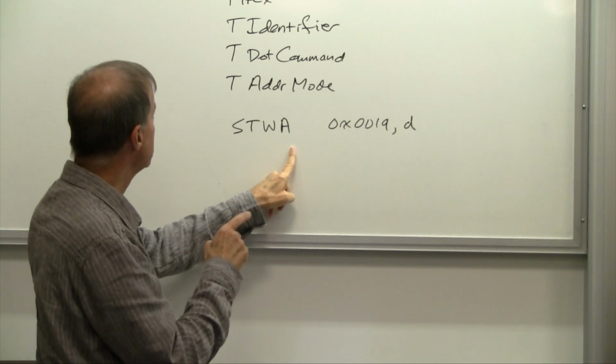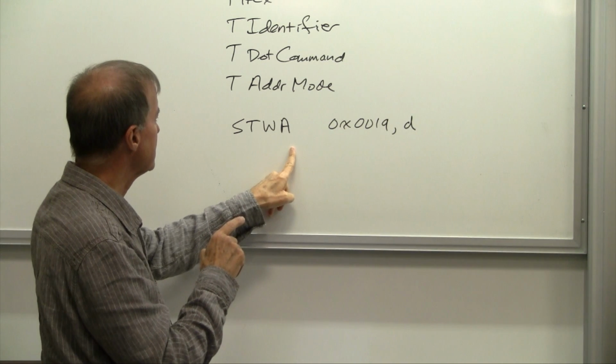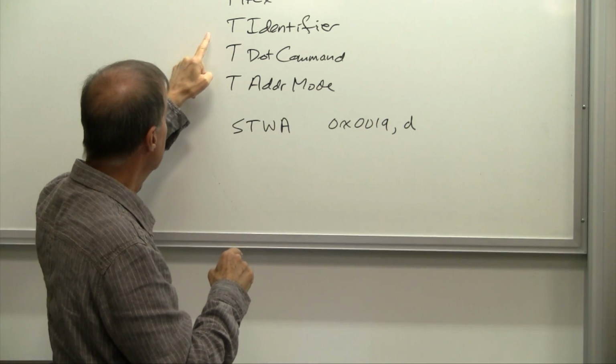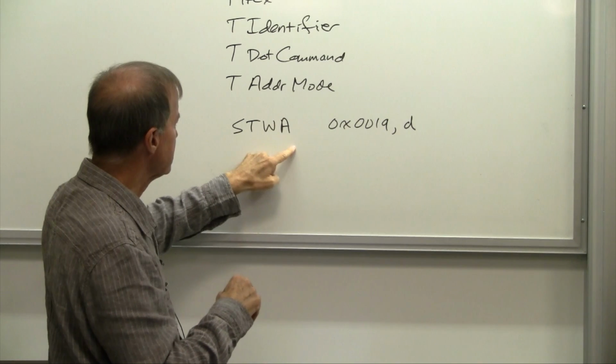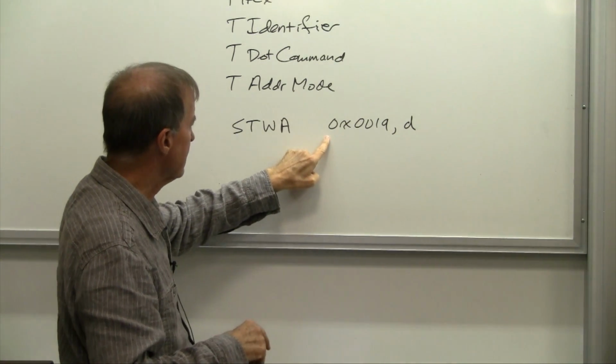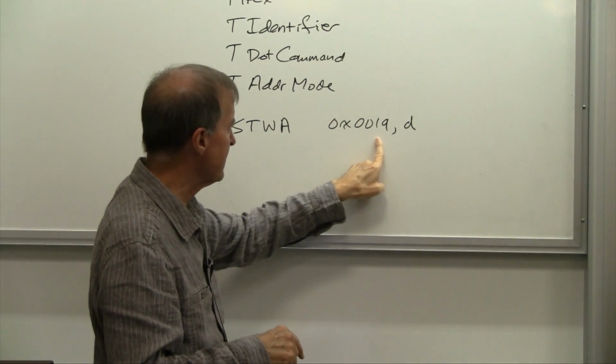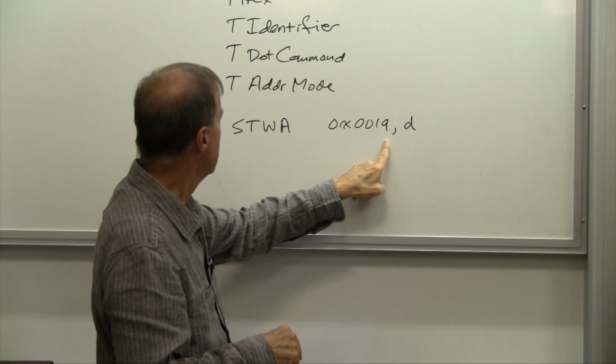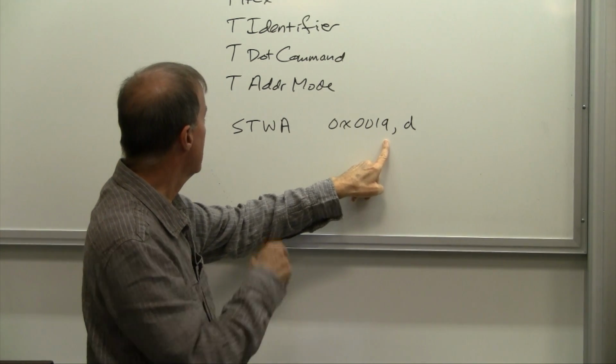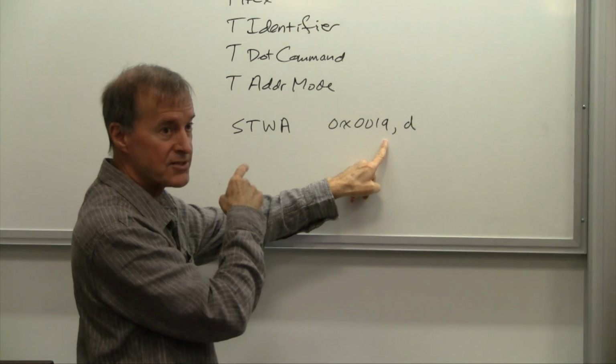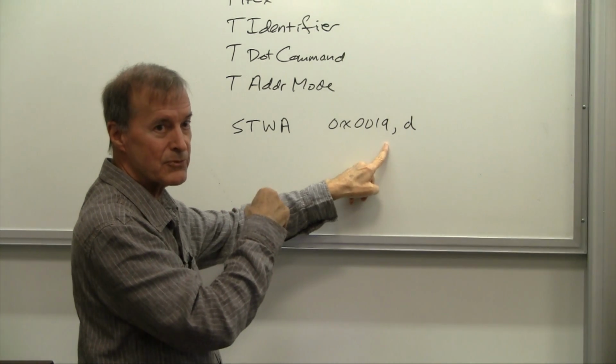So from the start state, there should be a transition on an identifier to another state, and then what token will be returned by this one? This will be a T hex. So then there should be a transition from that state on T hex.